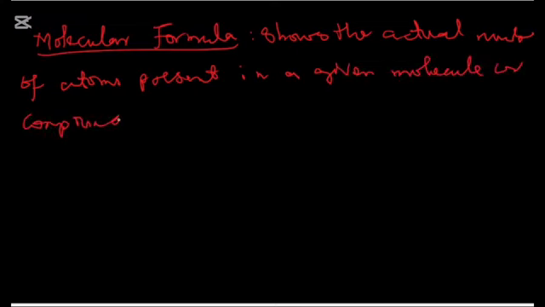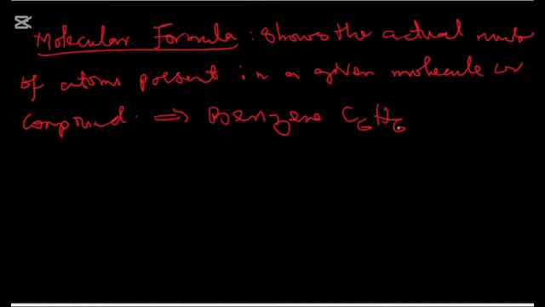So what molecular formula does is just give us the actual formula. Just like we said, benzene, what is the actual formula? That is C6H6. So this is the molecular formula.